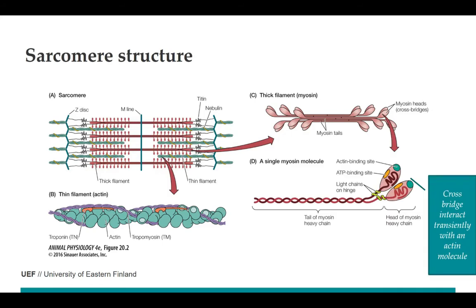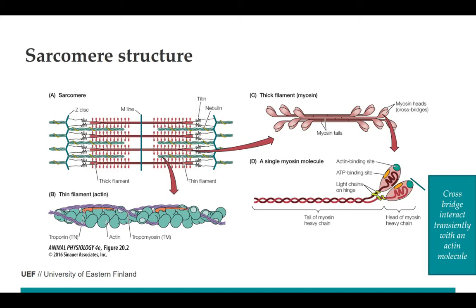A single myosin looks a little bit like a snake. So there is a tail of myosin heavy chain, and then there is a light chain of the myosin with a hinge, and then the head structure. And this head structure can turn and make cross bridges with the actin.